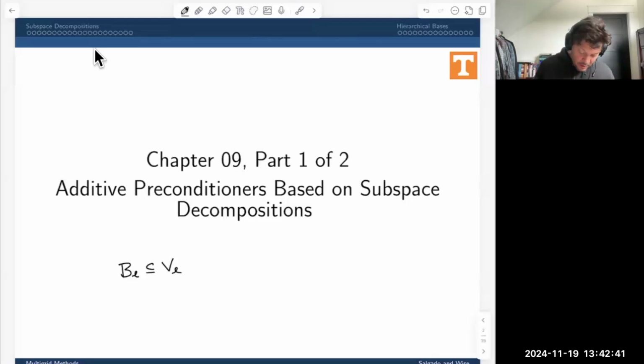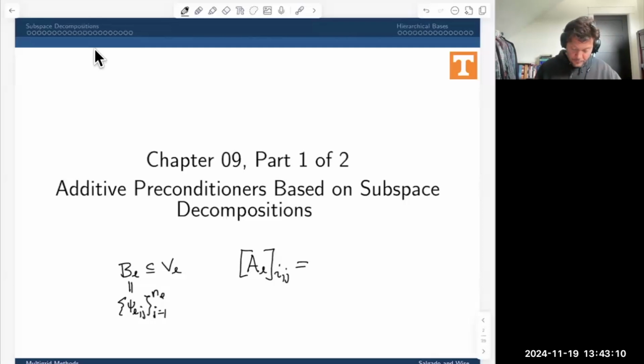And then we said, well, we had this bilinear form called A laying around, and A, our stiffness matrix at level L. If we looked at the I and J components of that, they were defined as, so this basis was a set of vectors called psi L, psi Lj, J equals 1 to NL.